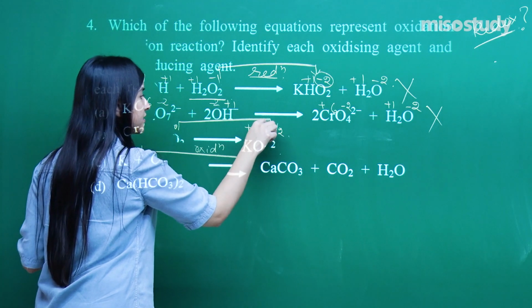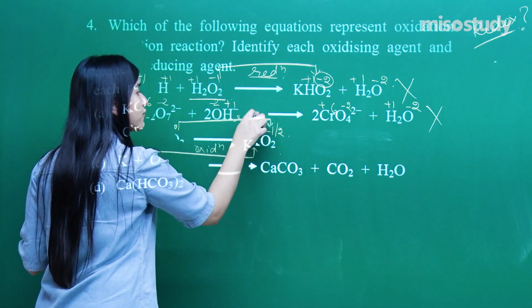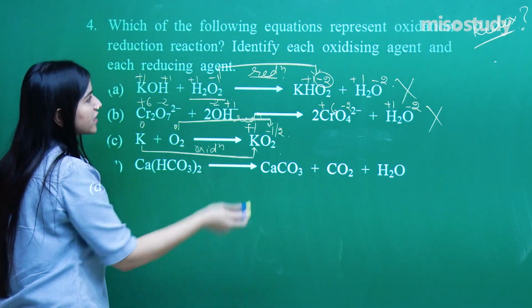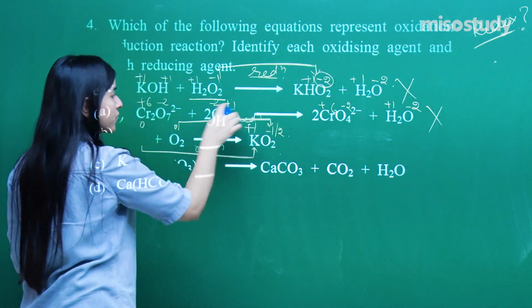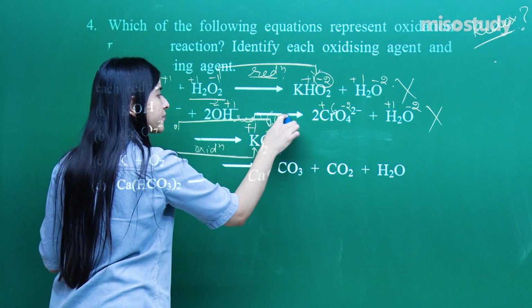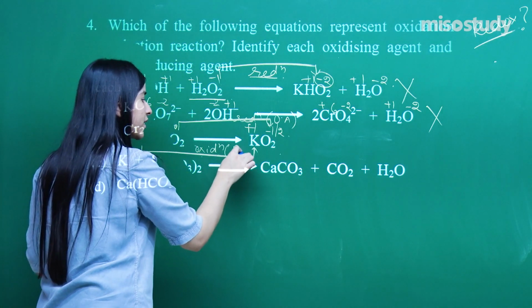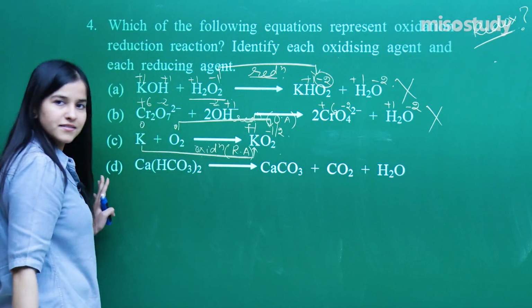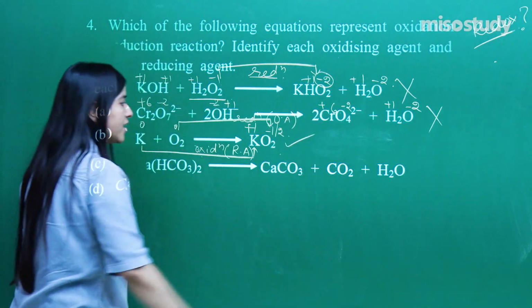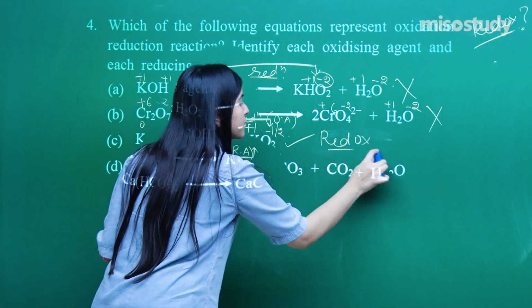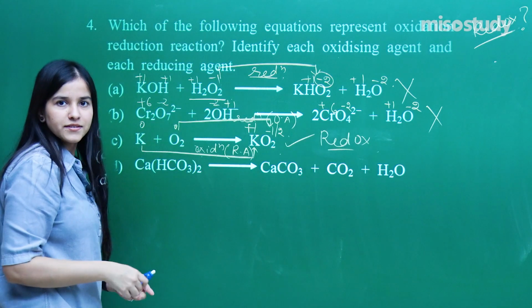Here it is a reduction process, gain of half of the electrons, right? And that means which is the oxidizing agent over here? This is the one which is getting reduced, and which is the reducing agent? The one getting oxidized, yes? Okay. So yes, I can call it as a redox reaction because it involves both of the processes.